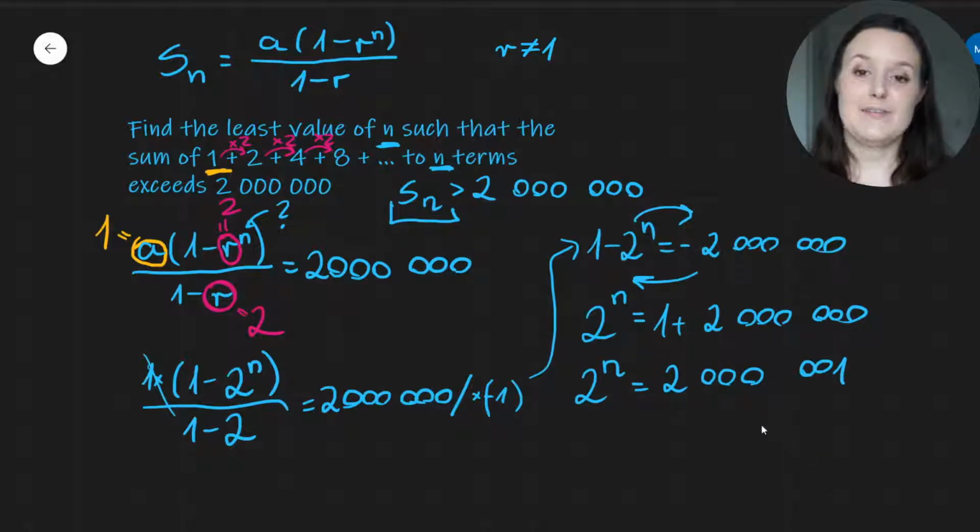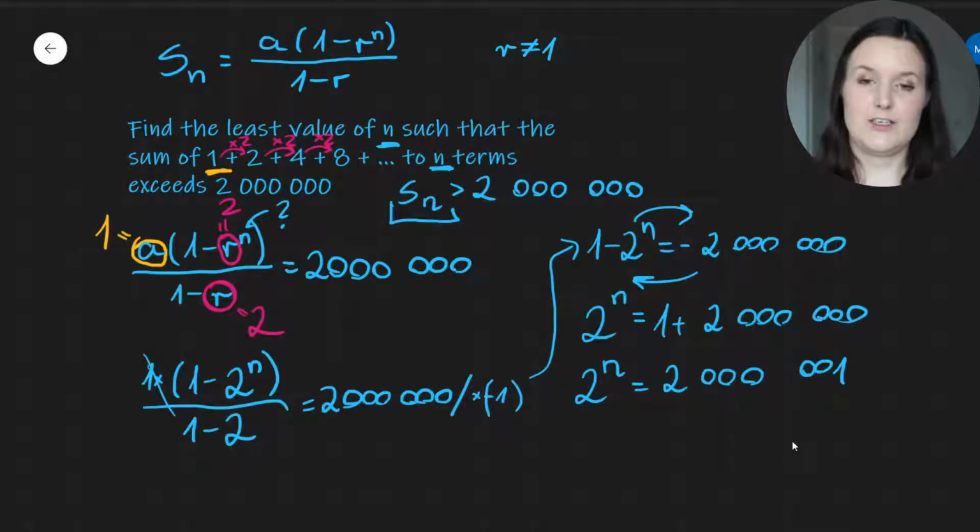And now I have to solve this equation. It's an exponential equation, so to solve it you have to use the strategy you learned in the chapter about logarithms and exponential equations.